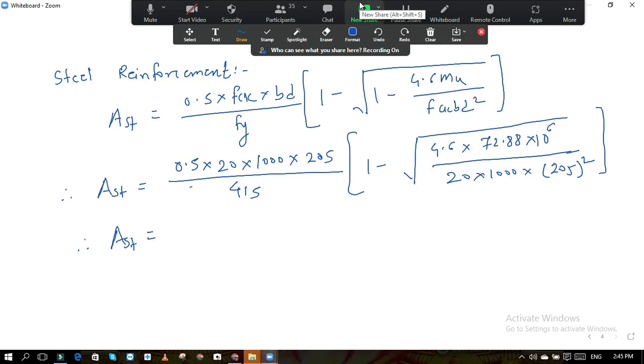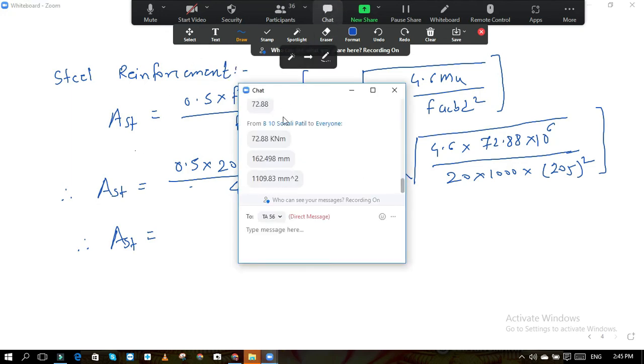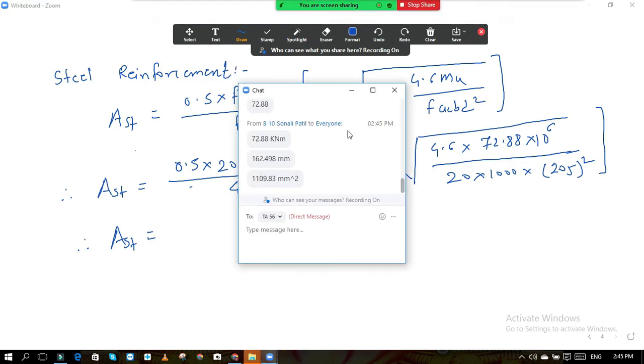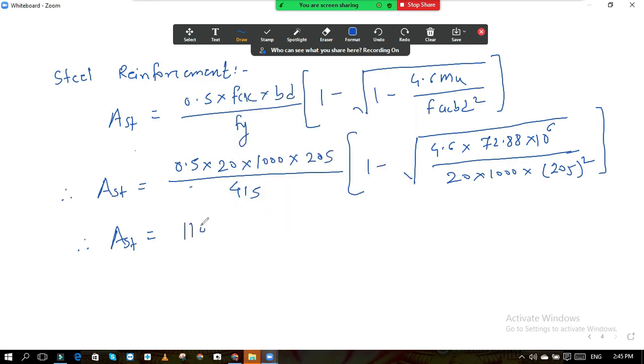Solve it now and let me know the answer. 1109.83 mm square. This is the area.